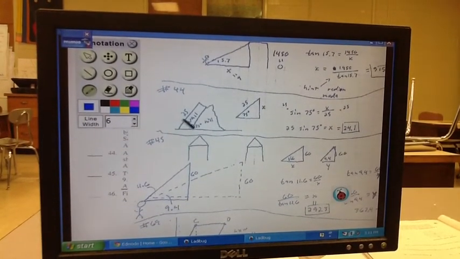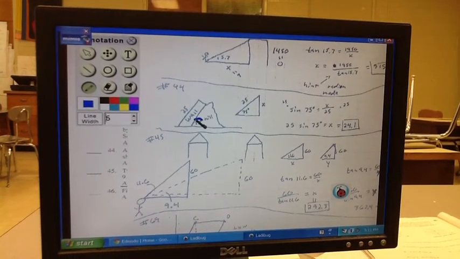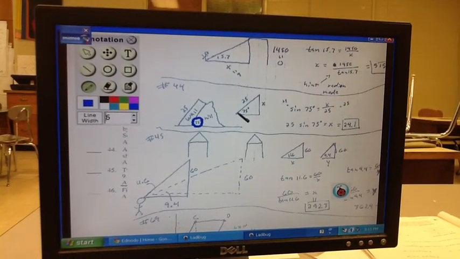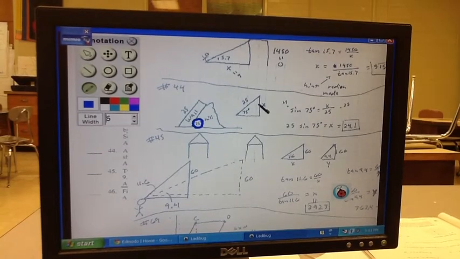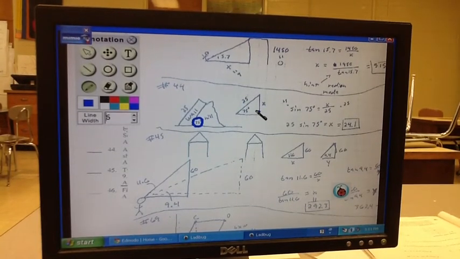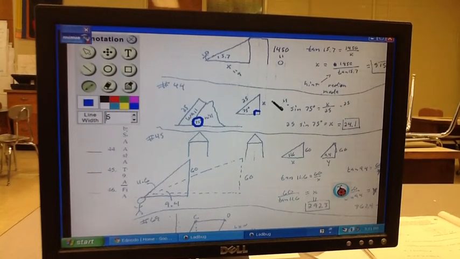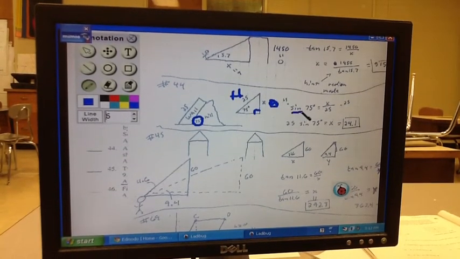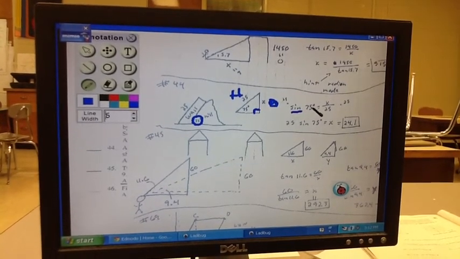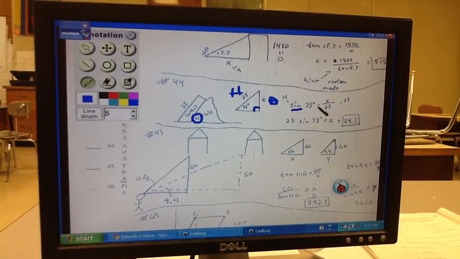So we know that wall is 25 feet. The hill created that 75 degree angle there. I just kind of took it and drew an actual triangle that you're used to seeing, for the same thing, 75 degrees and 25 feet. From this angle we got the opposite and hypotenuse, and that is sine. So sine of 75 equals, remember O's on top, so X over 25.